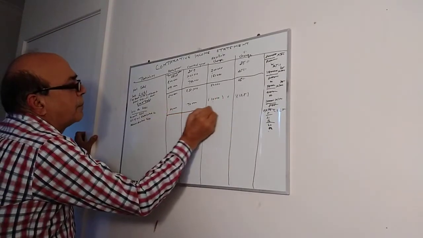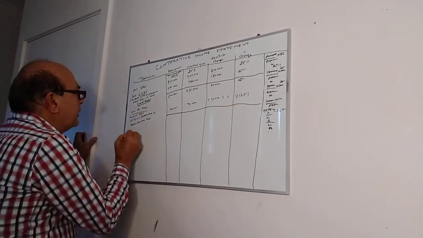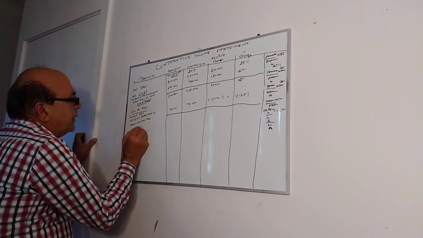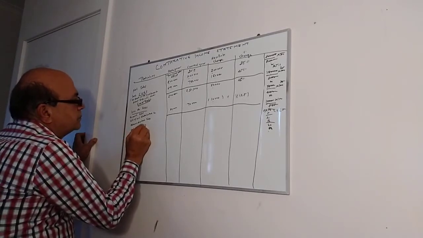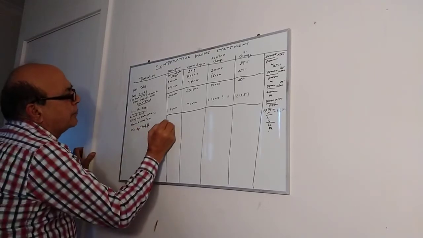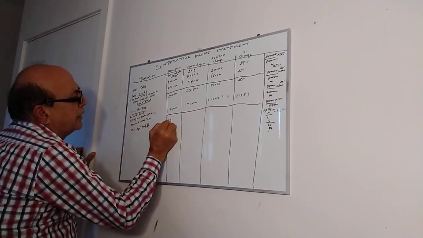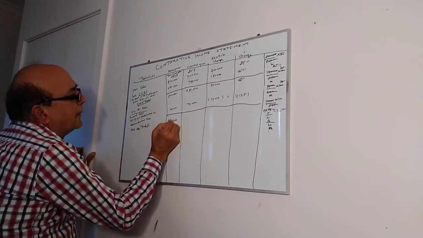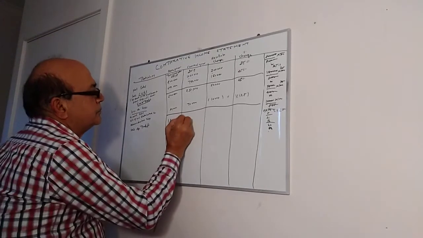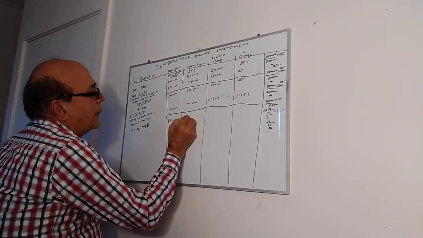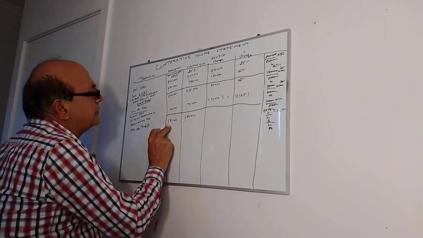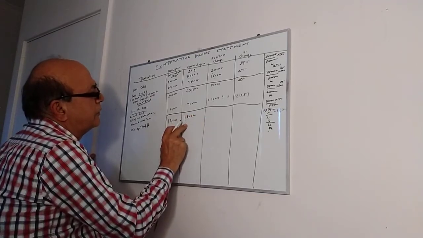Net operating profit. How much is it coming? 1,20,000. This is 1,80,000. It has increased from 1,20,000 to 1,80,000.